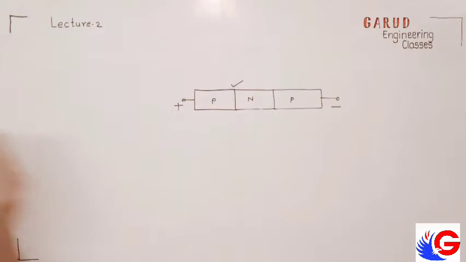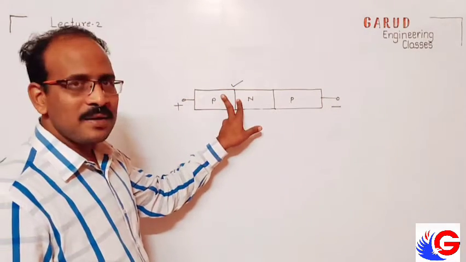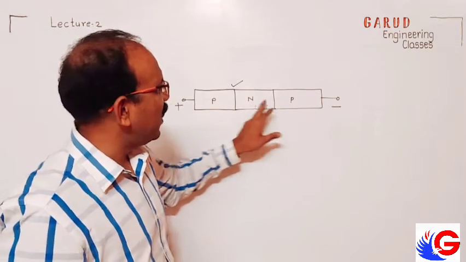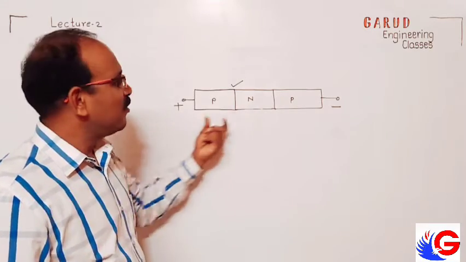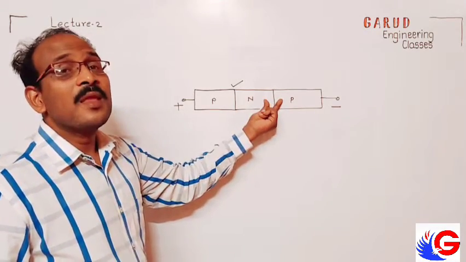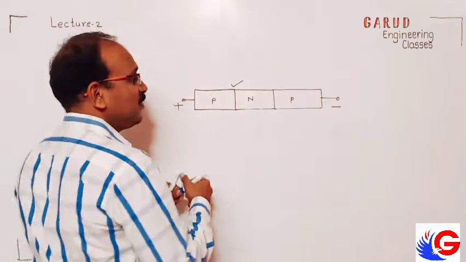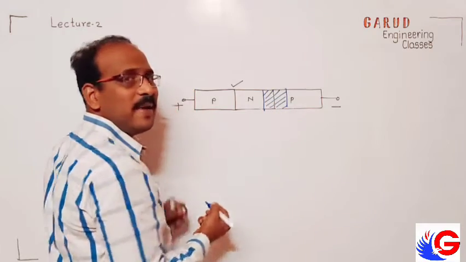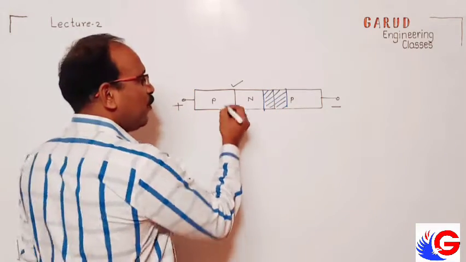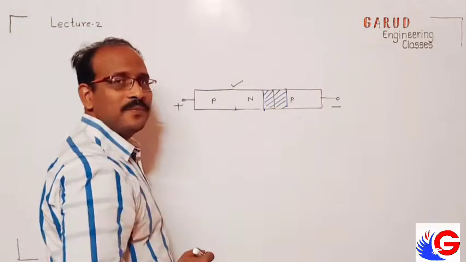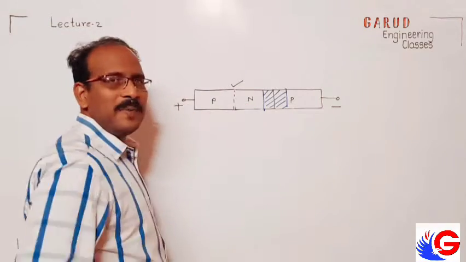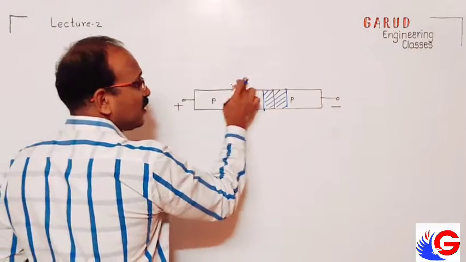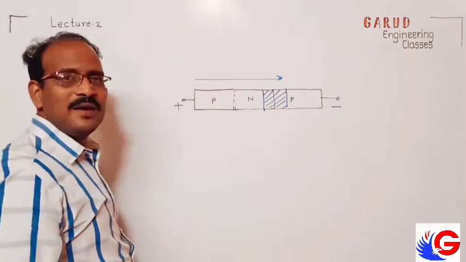This junction is forward bias. But this junction is reverse bias: P to the negative and N to the positive side. So this particular junction will have a depletion layer. This will have an obstacle, called a barrier. The forward bias junction vanishes, but the reverse bias one will not allow the current to flow.